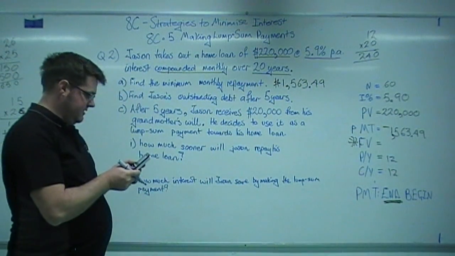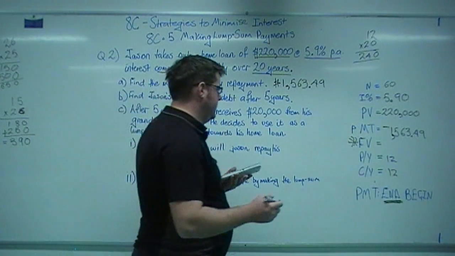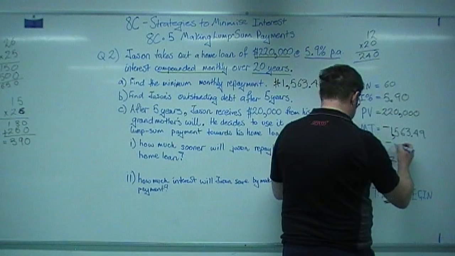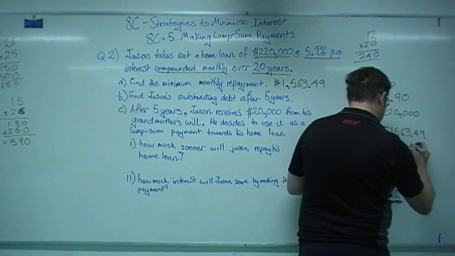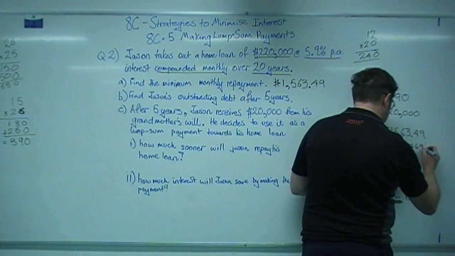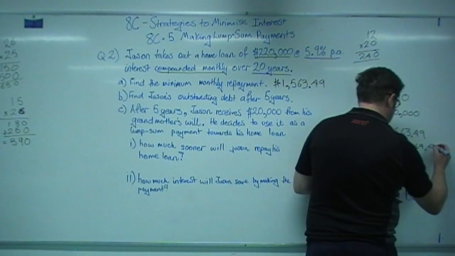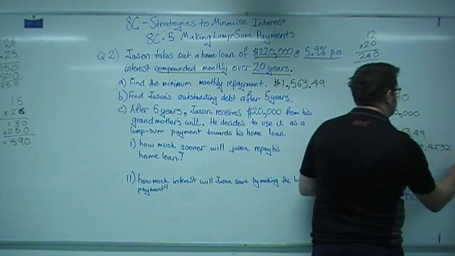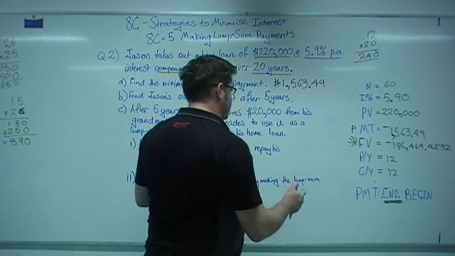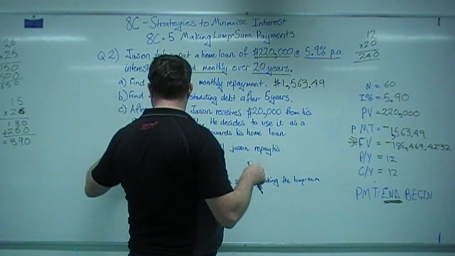So let's set this in play. So here we end up with negative 186,469.4232. And this figure we end up rounding down.